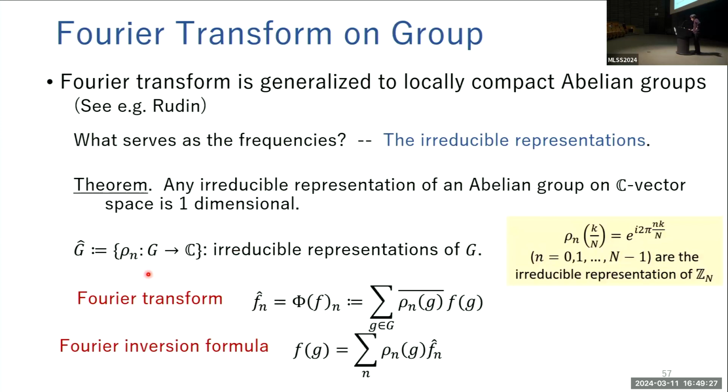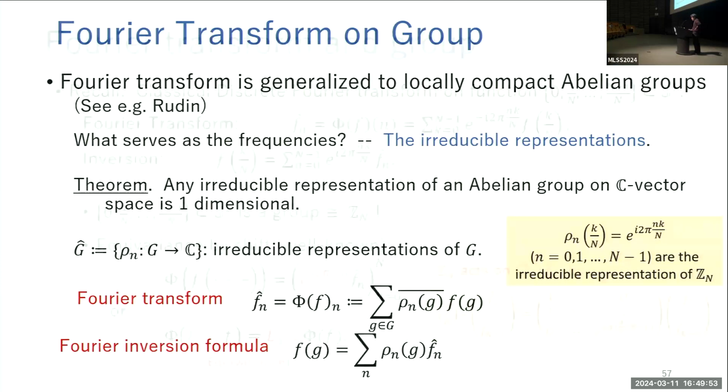And let's say that we have such an irreducible representation for the group G. And because this is a one-dimensional linear transform, this is basically a scalar value. So an irreducible representation of an abelian group is a C-valued, complex-valued function on the group.